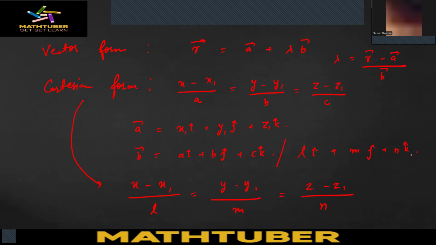So let us do the questions based on these side by side from exercise 9.11.2. So the first question: the direction cosines are already given to you for three lines, and we have to show that they are mutually perpendicular to each other.